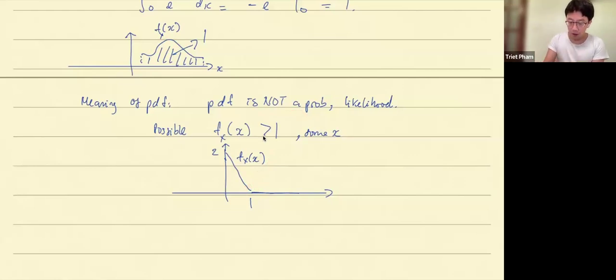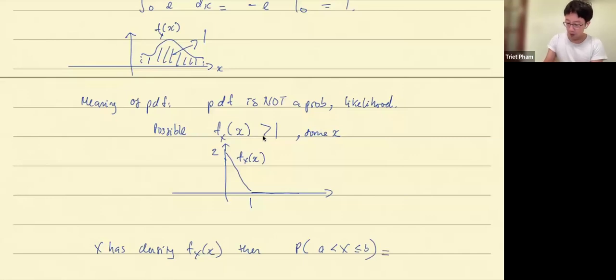Then what is the probability? So if X has density f sub X like this, then the probability of A less than X less than or equal to B, right?